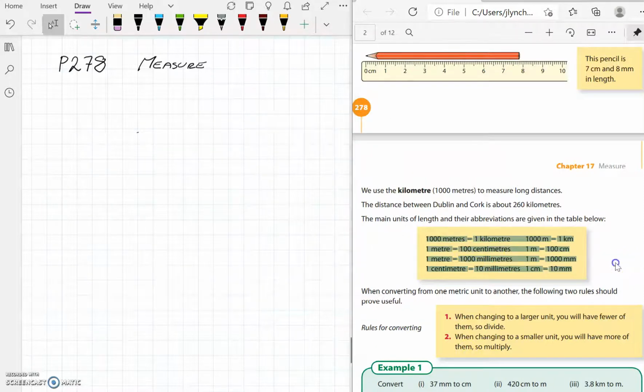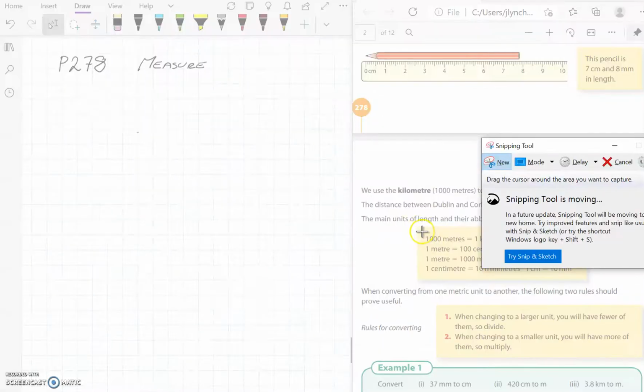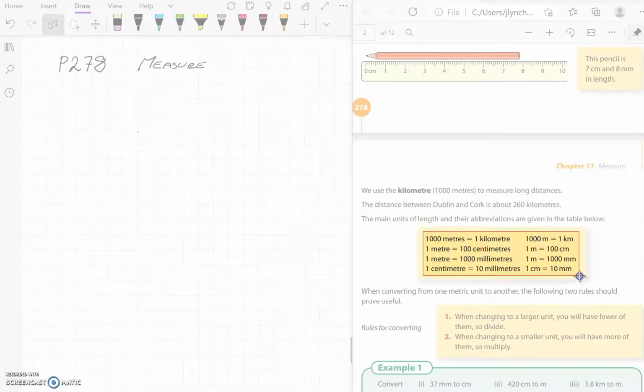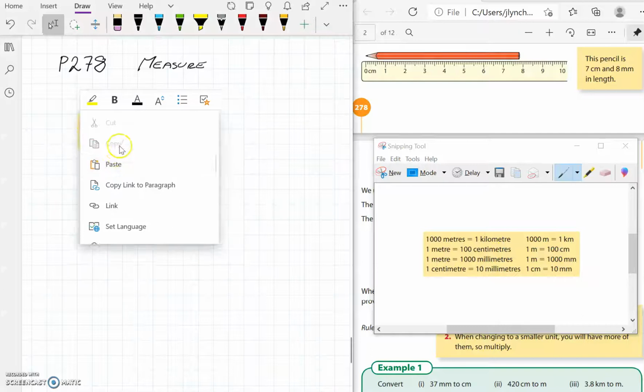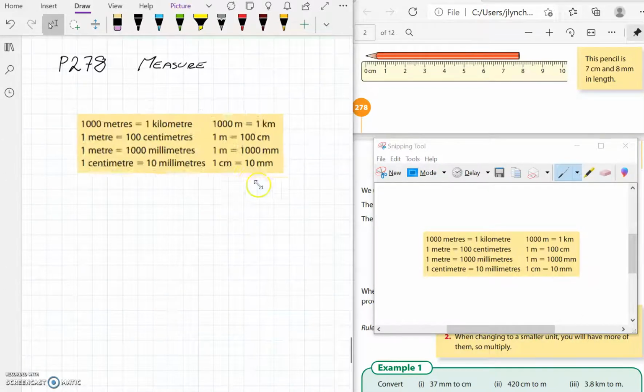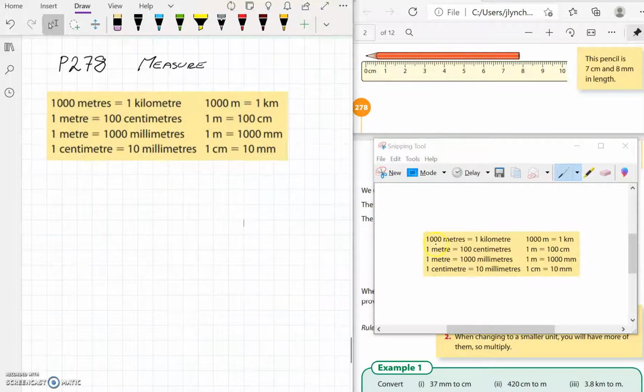I want you to take that down into your copy. So that table right there. I'll snip into it here now. Okay, that's better now.